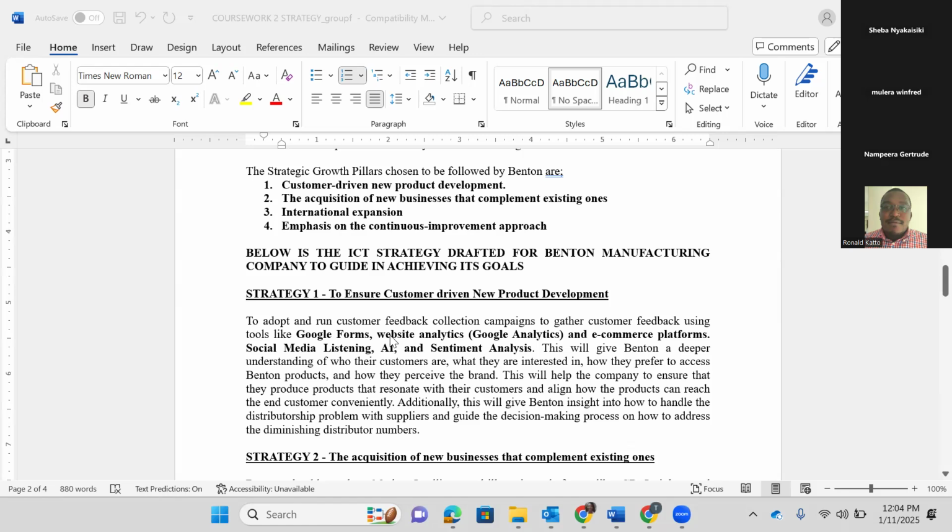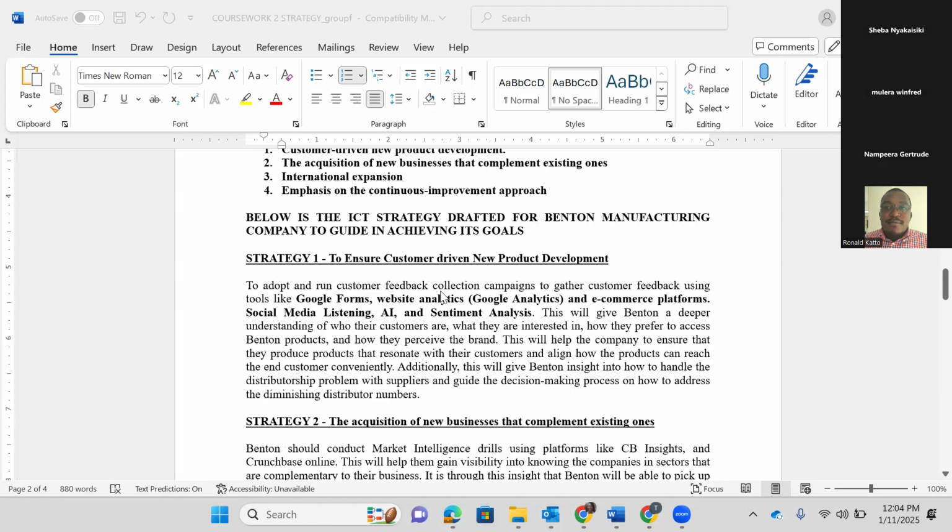And we are talking about running customer feedback collection campaigns by using Google Forms, web analytics, e-commerce platforms, social media listening, AI, and sentiment analysis to ensure that Benton gets a deeper understanding of who their customers are, what they're interested in, how they prefer to access the Benton products, and how the brand is perceived by the customers.